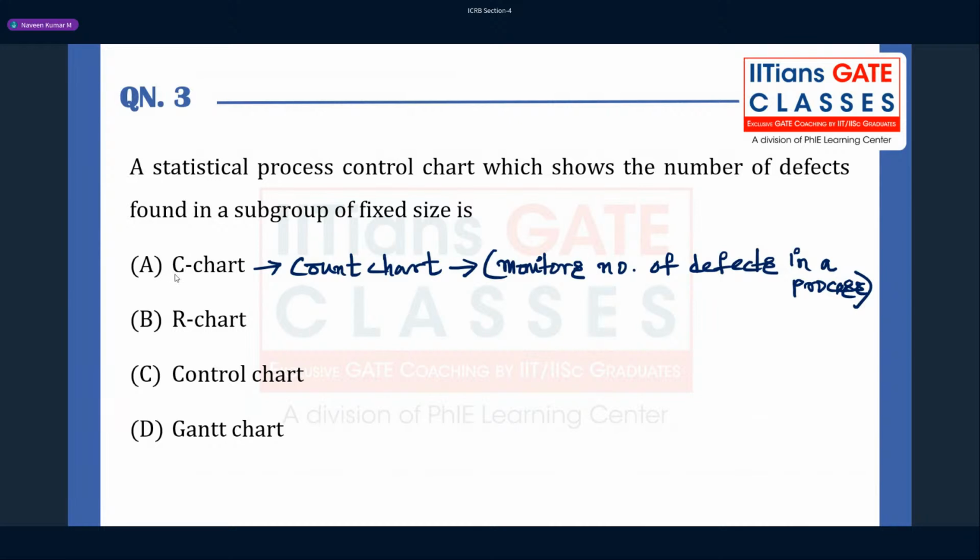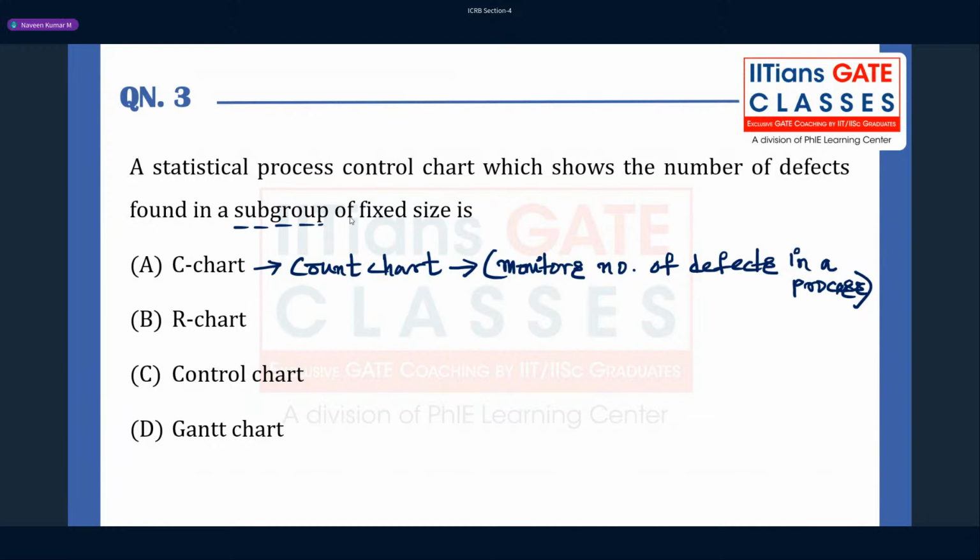It is used when the number of defects per item or some kind of group, what they have written here as subgroup, is counted. That is what count is. You're counting it.